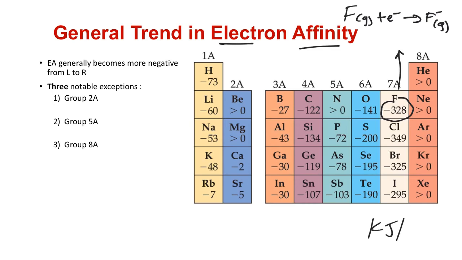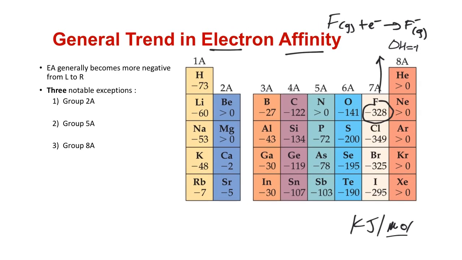So this chart is looking at these values in kJs per mole of the element. And so the delta H of this reaction would just be minus 328 kJs. We can get that from the electron affinity of fluorine.